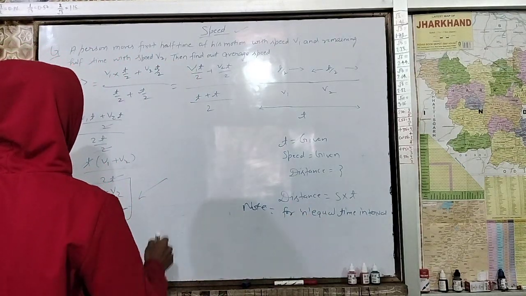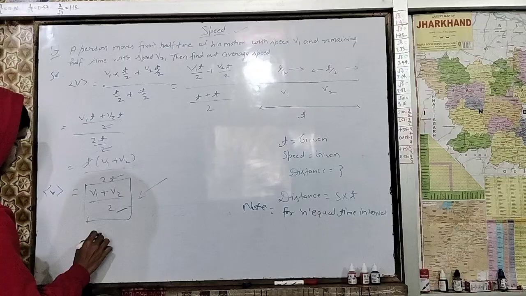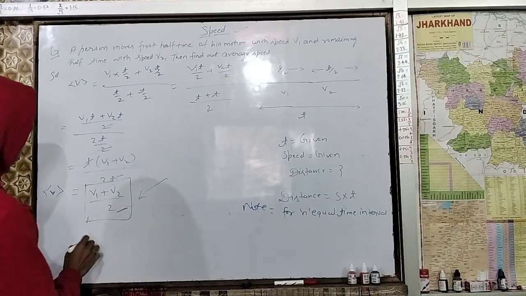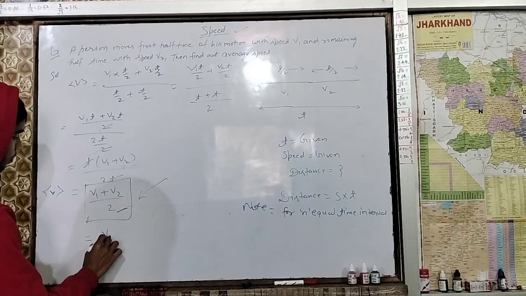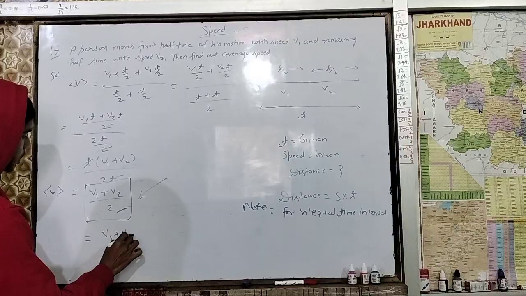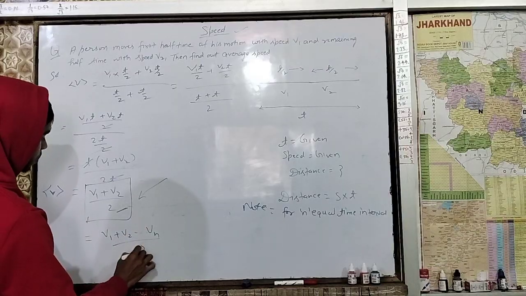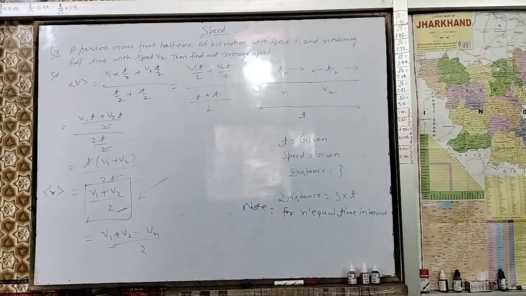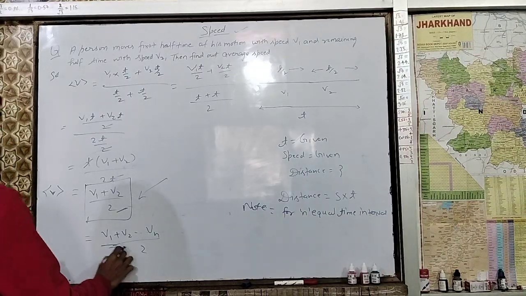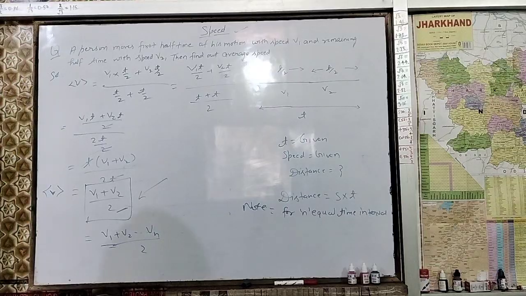If the time is not the same, then here we can see it is nothing but arithmetic mean, where (v1 + v2) upon 2. Similarly v1, v2, v3, as the time is the same.